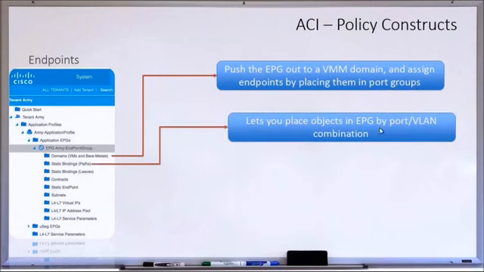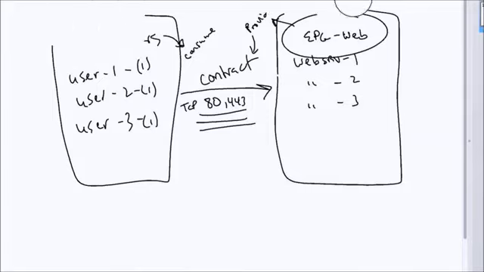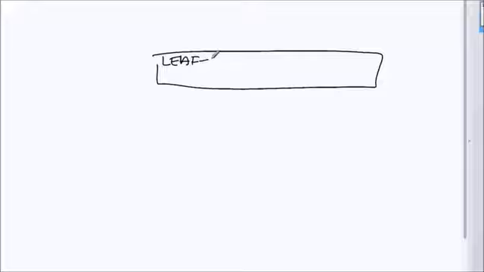The static path binding is going to let you place an object into an EPG by a port and VLAN combination. Okay, so maybe we come into a switch, and I've given this example a little bit before, but imagine that we have a leaf switch. Let's call this leaf 1. And we have a port over here.